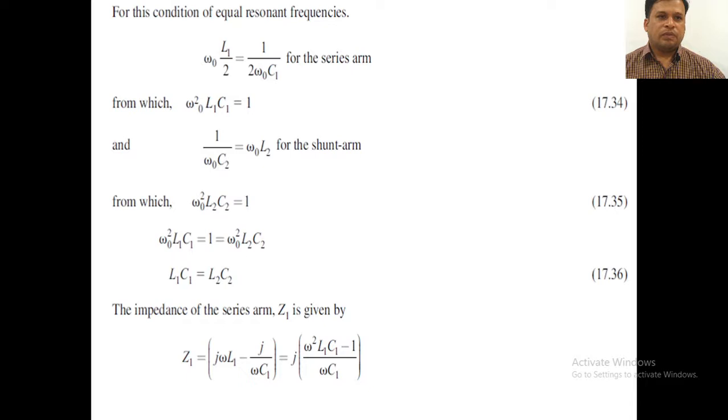Next, for this condition of equal resonant frequencies, omega naught into L1 by 2 is equal to 1 by 2 omega naught C1 for the series arm, for which we have omega naught square L1 C1 equals 1, and for the shunt arm 1 by omega naught C2 is equal to omega naught L2, from which omega naught square L2 C2 equals 1. So we get L1 C1 equals L2 C2.